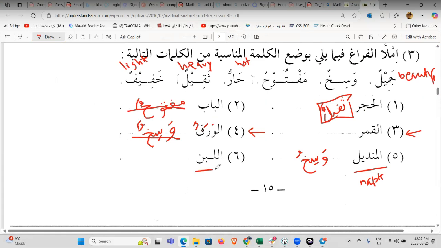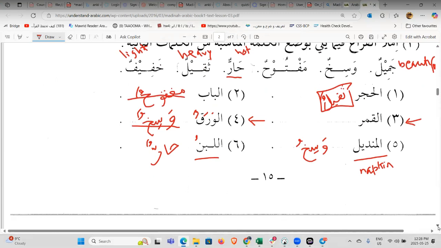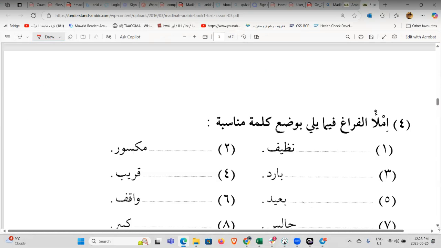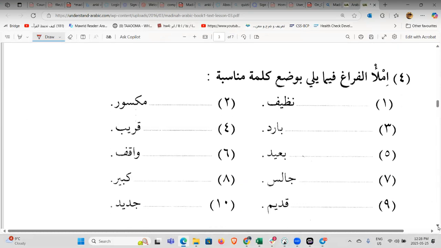And then we have al-labanu. So to use this one, the milk is hot. So to say harun. Okay, so let's see, there's more of that. Okay, so that's the end of that exercise.